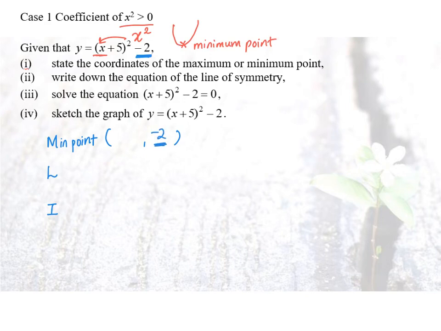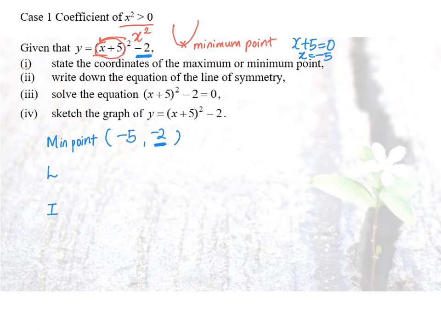And how do we find our x value? That happens when x plus 5 is equal to 0. So if I have x plus 5 equal to 0, what will x be? So x will be -5.